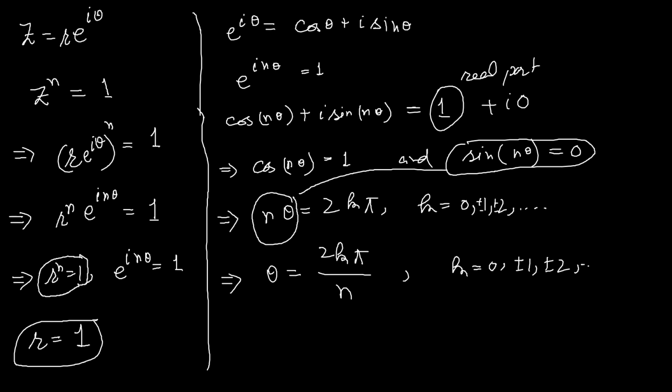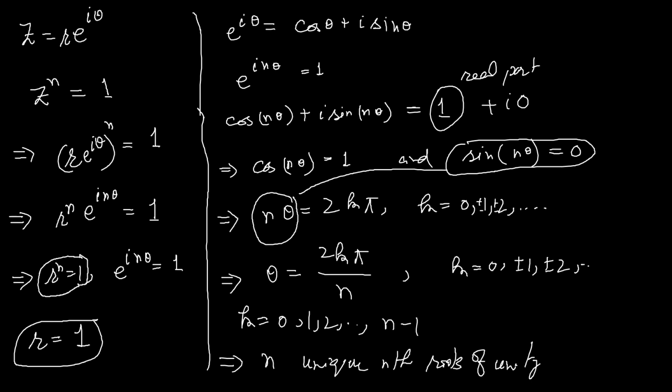We obtain unique complex number z for only the values from k equal 0, 1, 2 up to n minus 1. From this we see that there are n unique nth roots of unity for values of k from 0 to n minus 1.